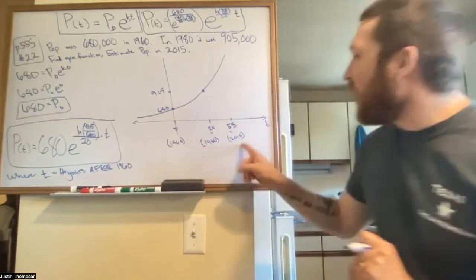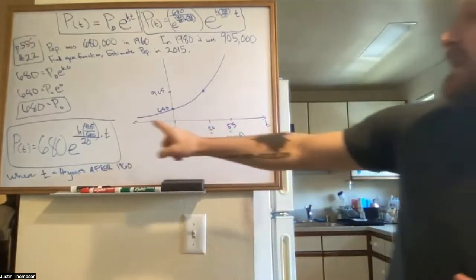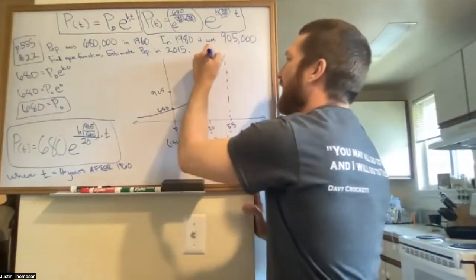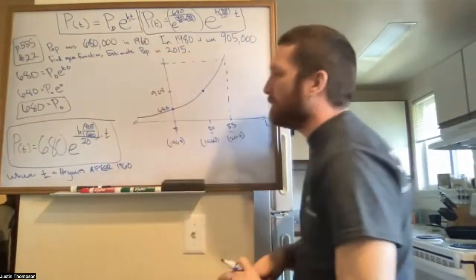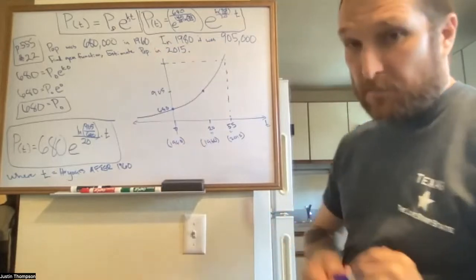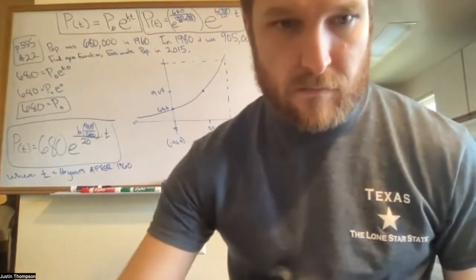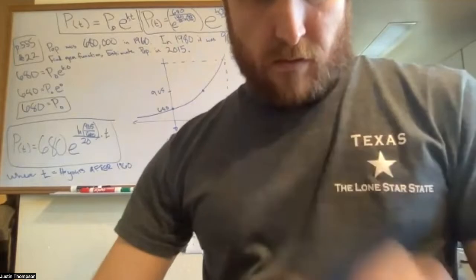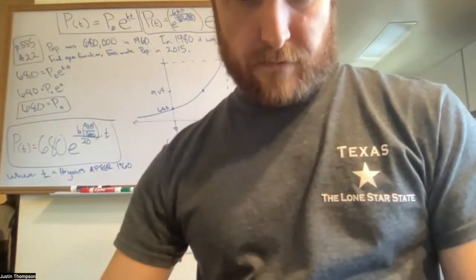So if I plug in a 55, I should get out the estimate of what the population is. I'm going to do that on a calculator right now.